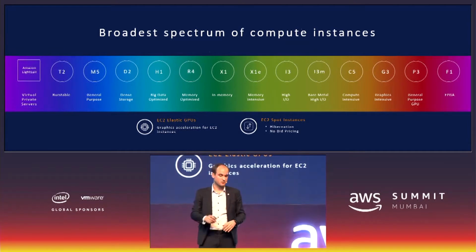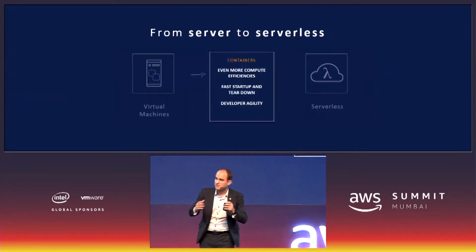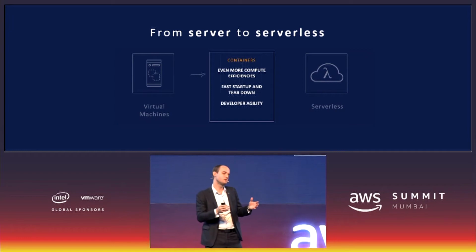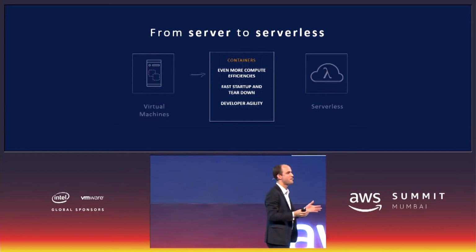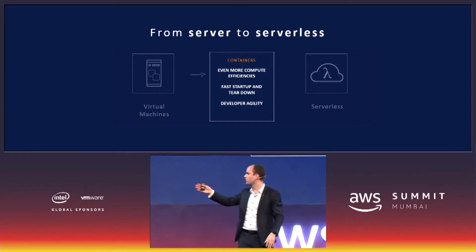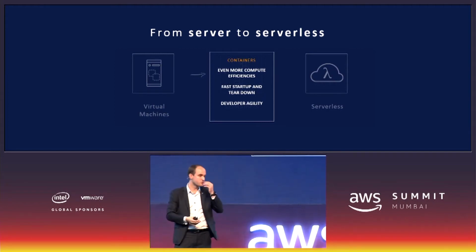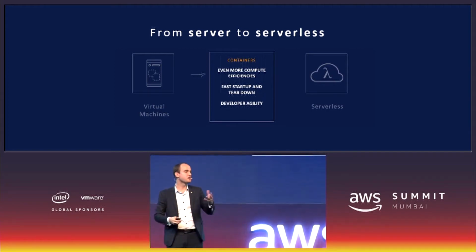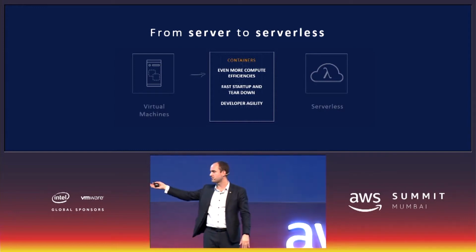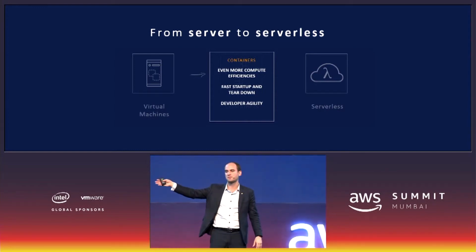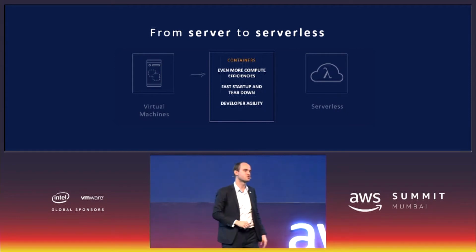Now, the other thing I would say is virtual machines are great, but if I develop something on my laptop and it runs there, and I deploy it out to a virtual machine, it might or might not run, because there are dependencies that might be different between the operating system on my laptop and what I have installed on the virtual machine.